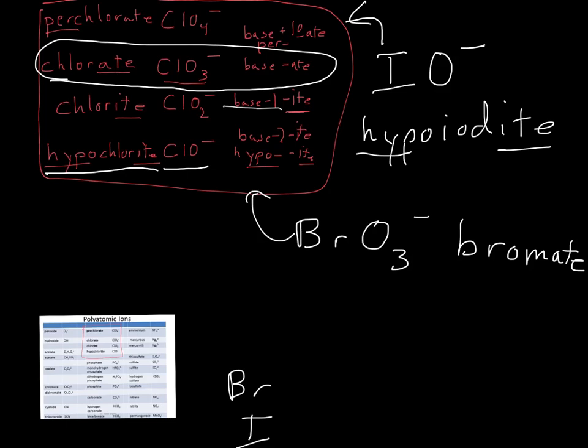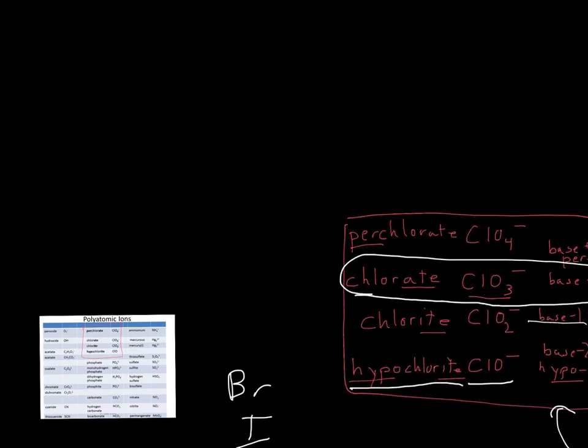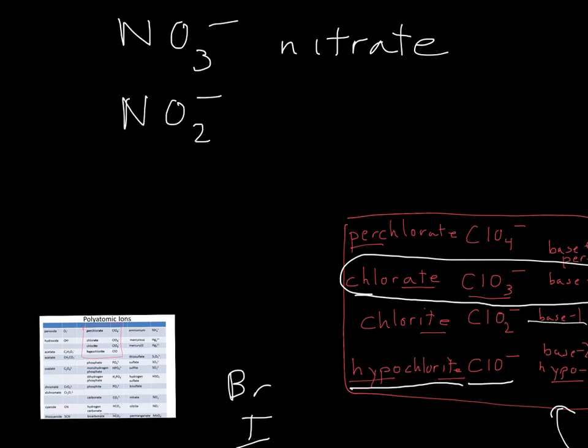We also see that ate-ite pattern in more than just those guys. A couple others that we see it in. You have nitrate, 1 less oxygen. You change ate to ite, so that would be nitrite.